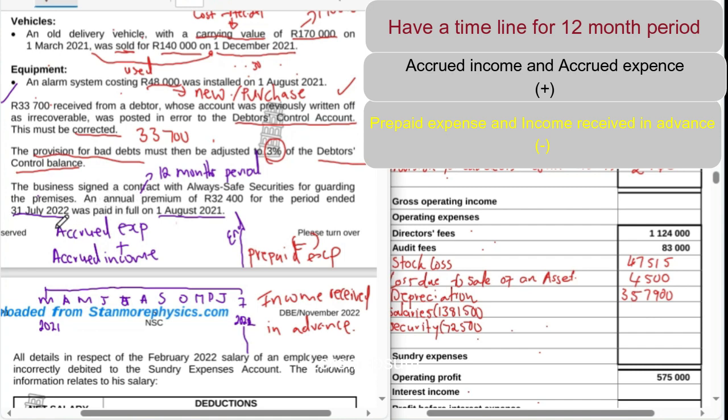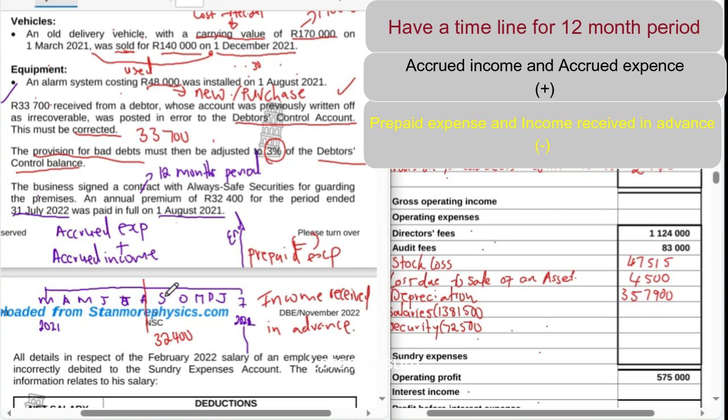So now, this contract was paid from when? From August. Then we have March, April, May, June, July, August. We paid how much? 32,400. For what? For an annual security. And then how many months?